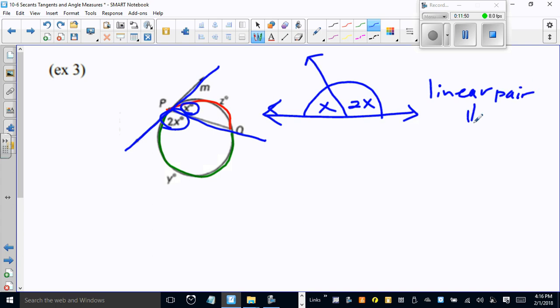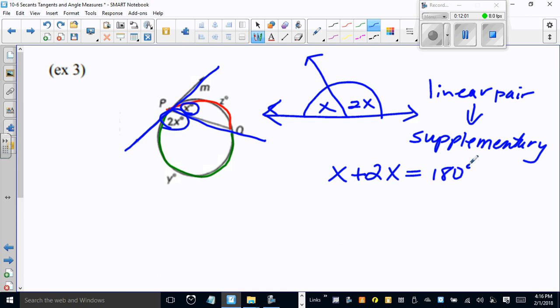And we said that a linear pair is supplementary. So therefore, x plus 2x has to equal 180 degrees. Combine like terms, I get 3x equals 180 degrees. Divide by 3, I'm going to get x equals 60 degrees. So this angle right here is 60 degrees.